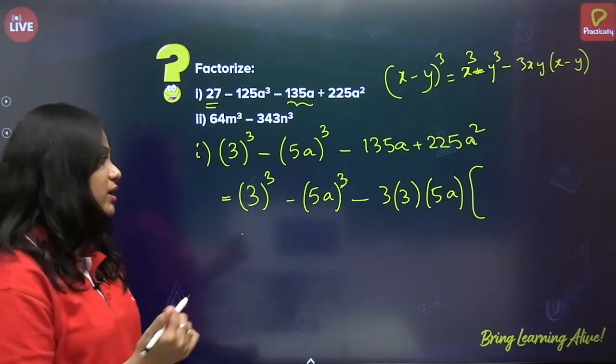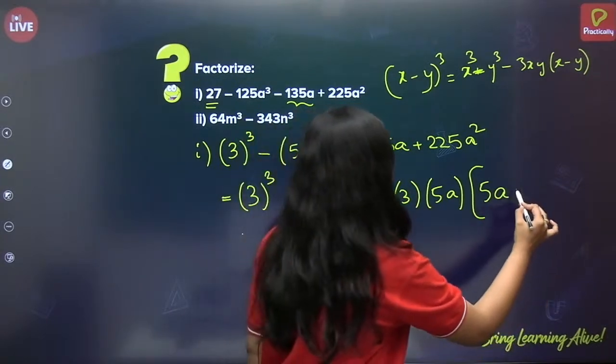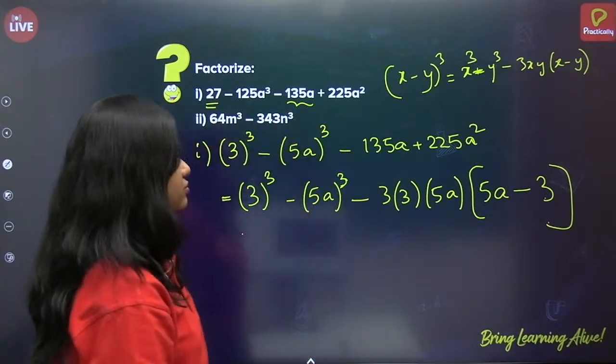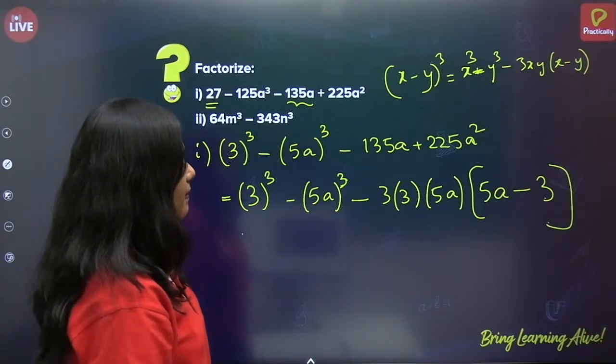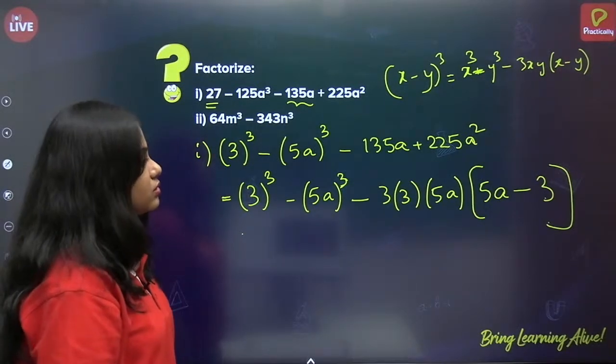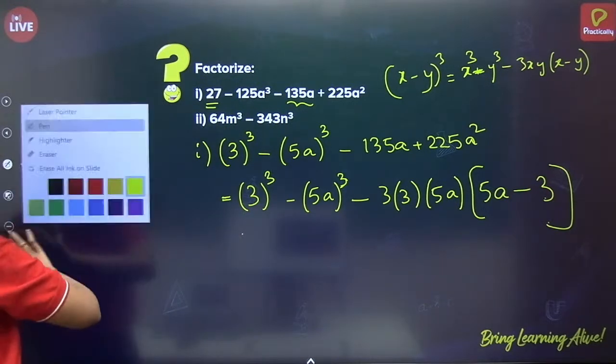So I can write this 5a and this will be 3. I'm so sorry, I have just rearranged it.